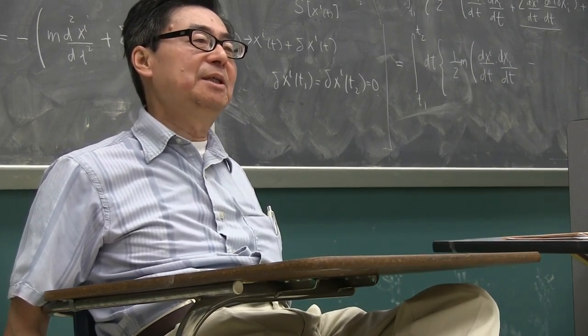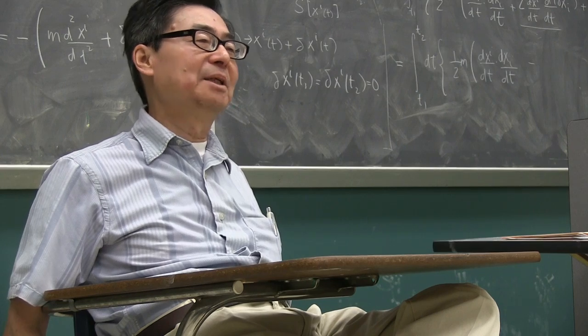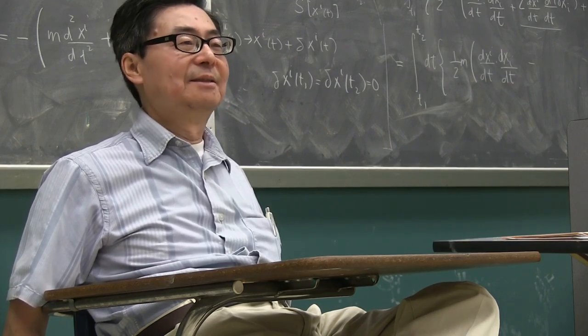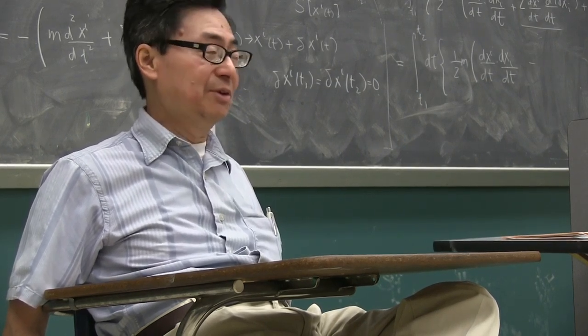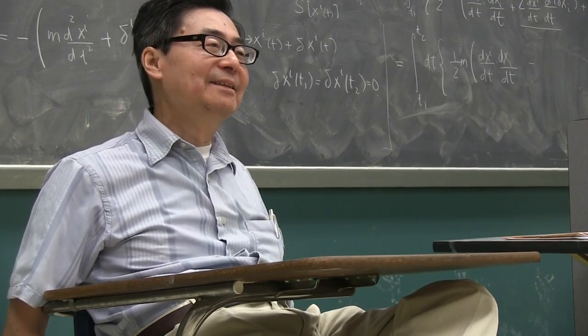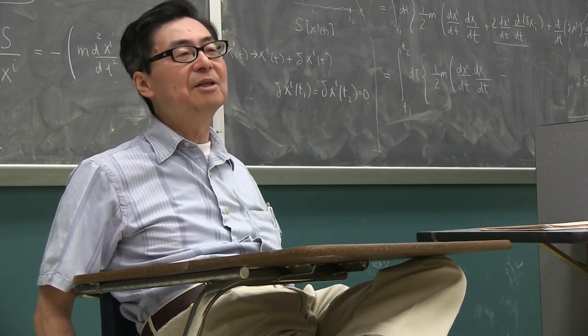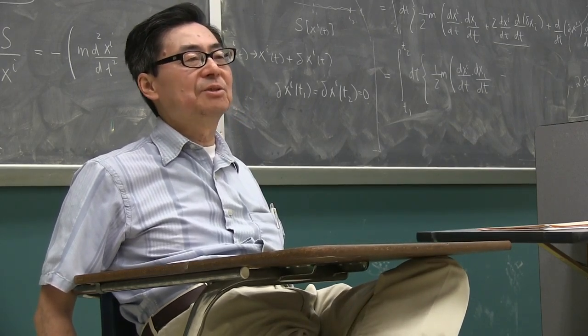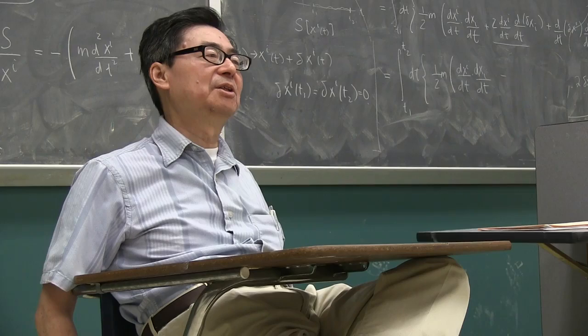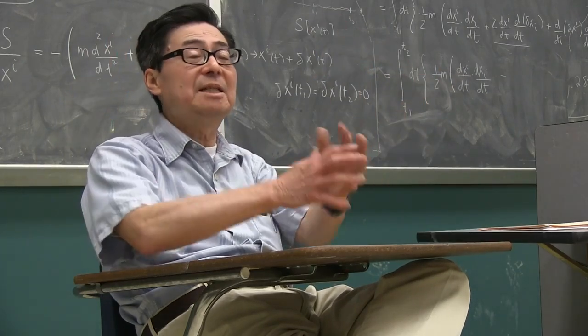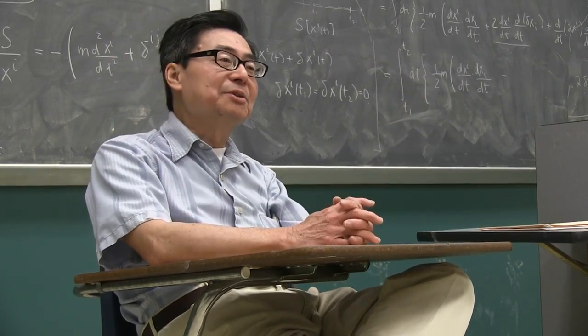Because in a way of speaking, it's a fundamental approach in all of physics. Because if you know how to build the action, which starts out with a Lagrangian, then you integrate the Lagrangian. In the case of classical mechanics, you integrate it over time. In the case of relativity, you integrate it over four-dimensional space-time, and so on and so forth.